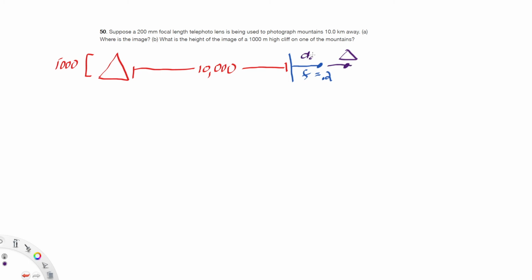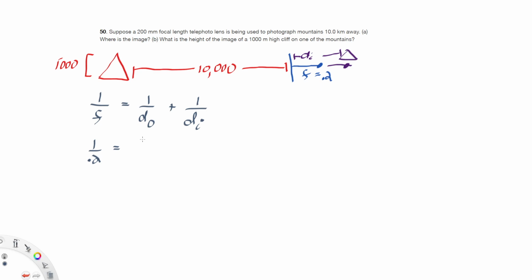So let's calculate how much that's going to be. Here's our workhorse for the chapter. 1 over f equals 1 over do plus 1 over di. The focal length is 0.2, so 1 over 0.2.